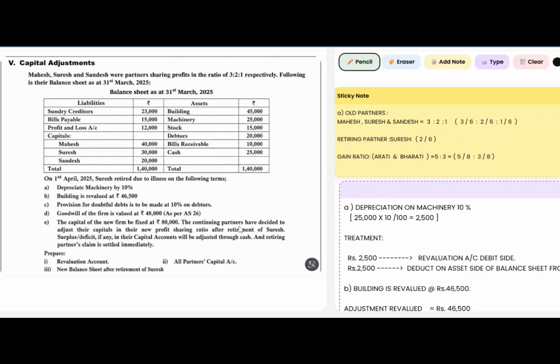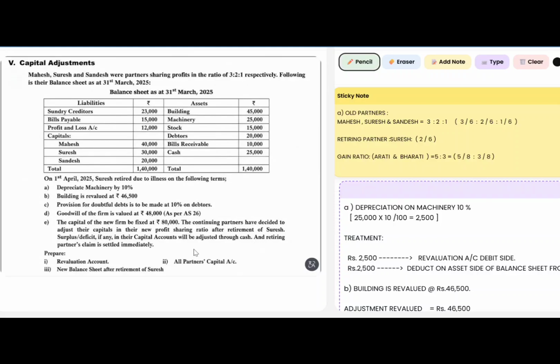So the continuing partners have decided to adjust their capitals in their new profit sharing ratio after retirement of Suresh. So Suresh retires, and after his retirement, the capital of the new firm will be 80,000 rupees. Therefore, we are going to adjust the partners' capital accounts, and the surplus or deficit, if any, in their capital accounts will be adjusted through cash.